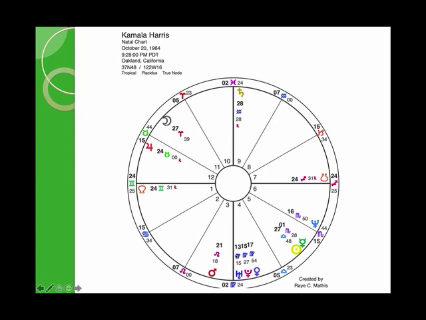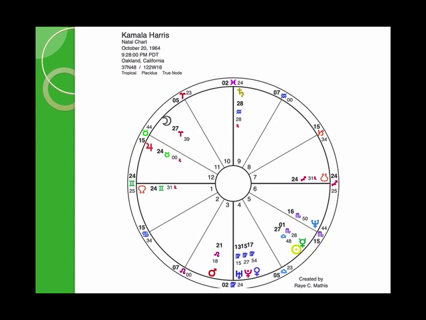What you want to do is, if an aspect is applying, that is, if it's moving into the exact aspect, it hasn't hit it yet, it's just moving toward it. An applying aspect is considered to be stronger than an aspect that has already happened and is leaving, is separating.